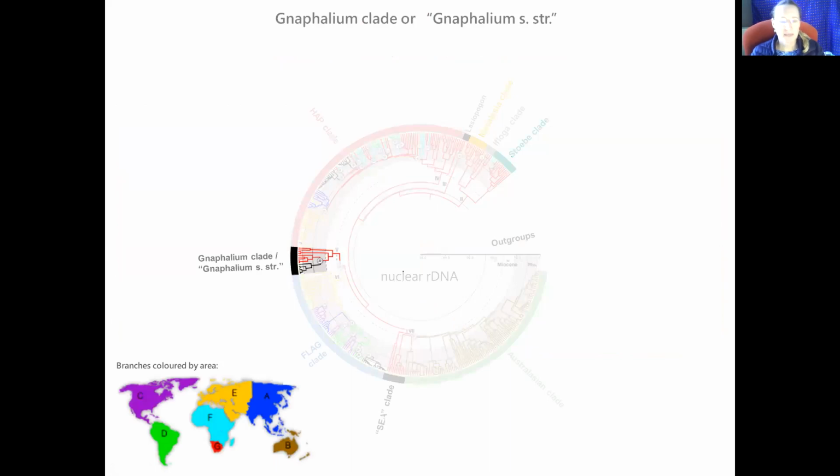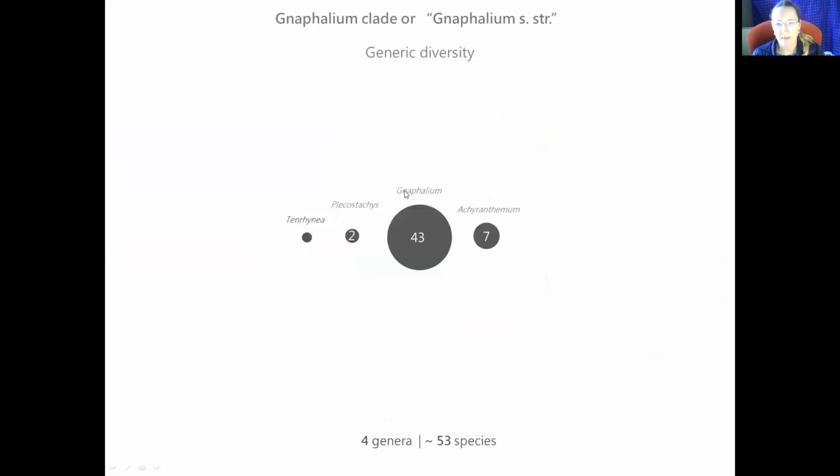The Gnaphalium clade is a smallish clade which also originated in southern Africa, and some of the species are quite widespread, many in the genus Gnaphalium, which is the largest, although it's generally quite a small clade here with just, as far as we know, around 50 species.